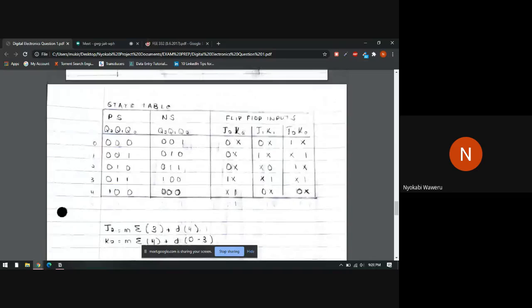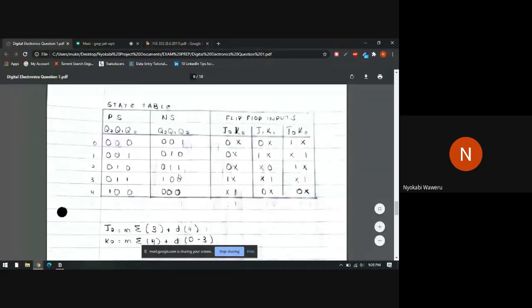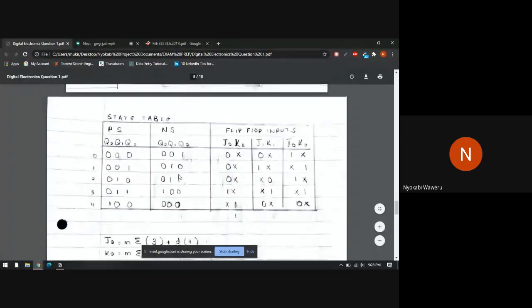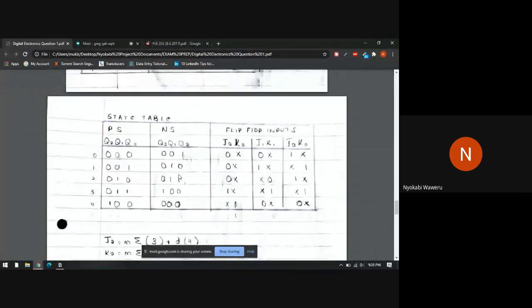After that, a mode 5 counter means it counts from 0 to 4. Mode 5 means it has 5 states, so it counts from 0 to 4.